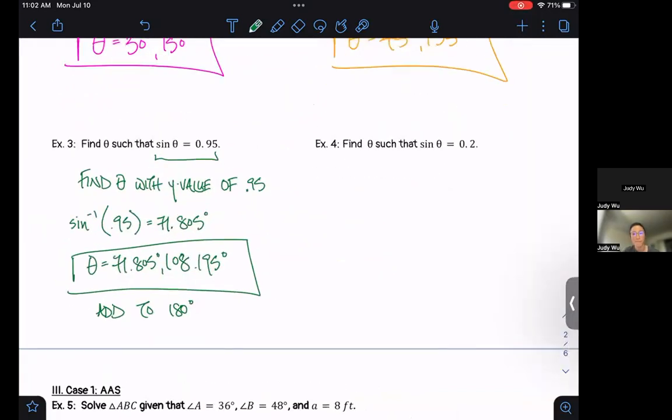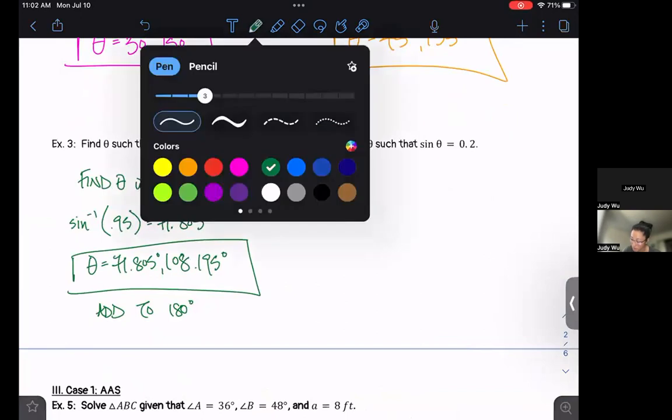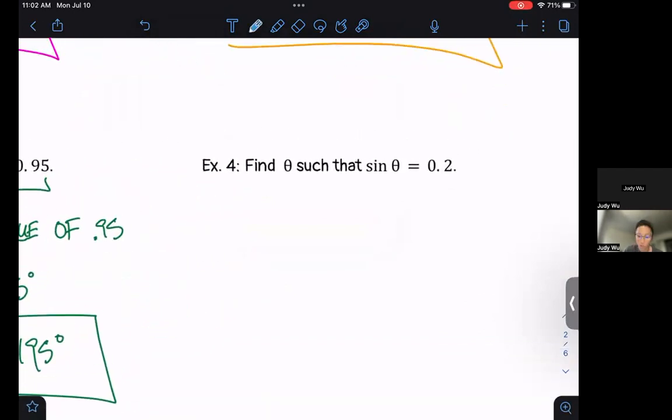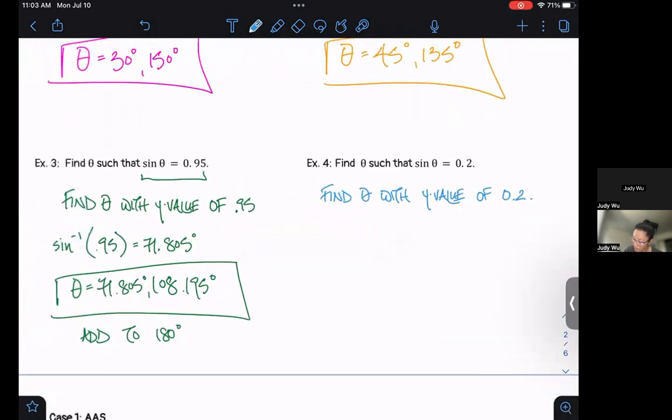Okay, all right, let's try one more. Let's get a different color. All right, find theta such that sine theta equals 0.2. So this means find theta with a y value of 0.2. Okay. And so I could use my calculator to do the first one.